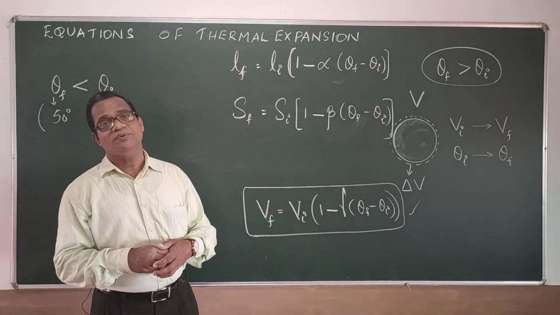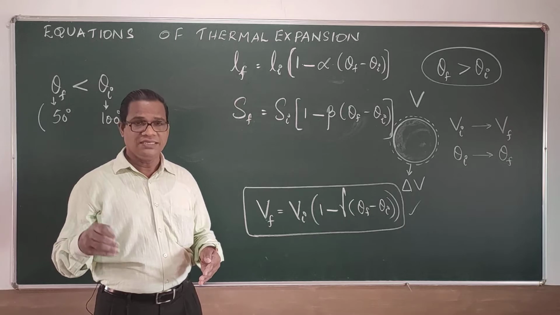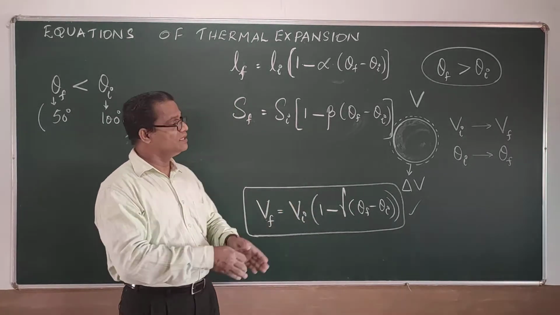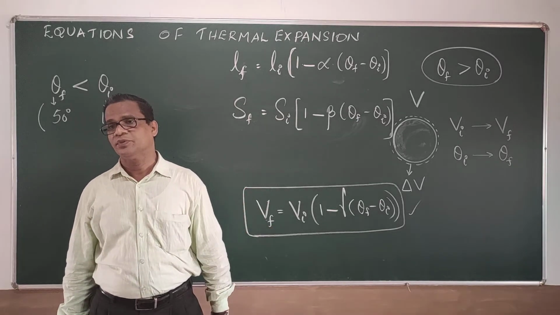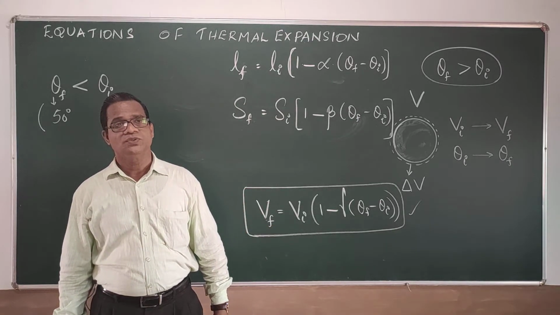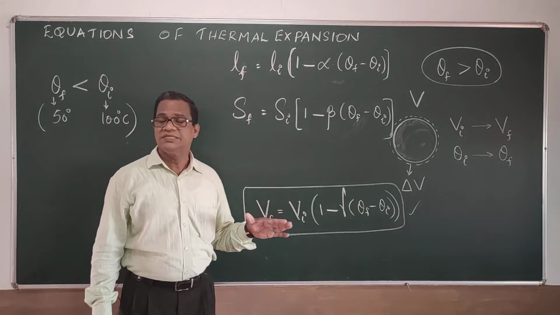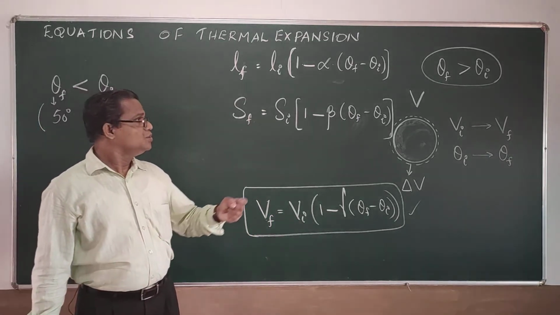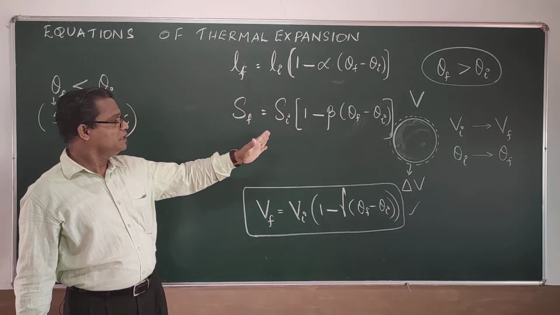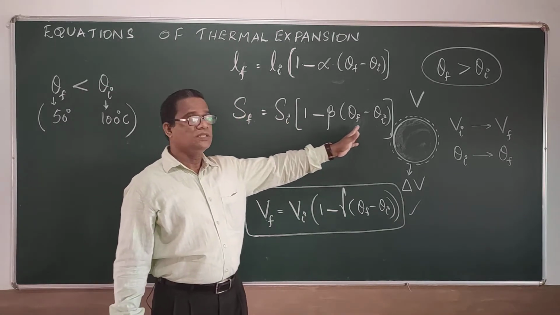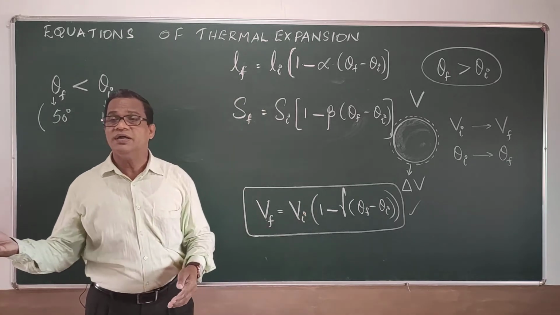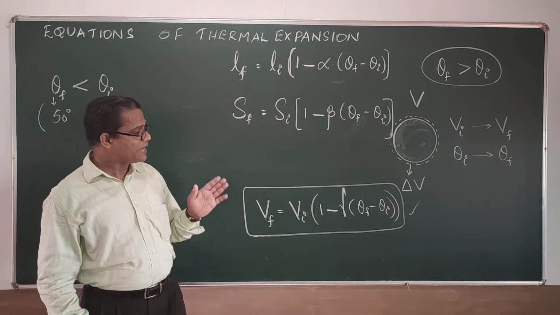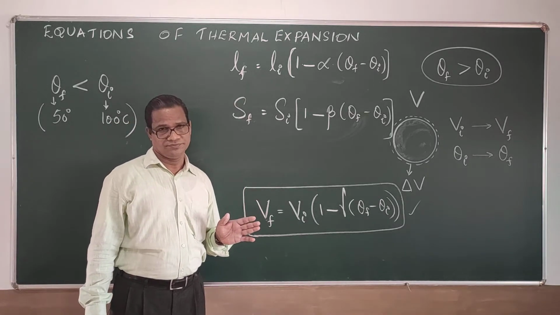If that change of temperature is negative, then contraction comes in that single equation itself. So understand whether it is expansion or contraction depends on the increase or decrease of temperature. This fact is very, very important.